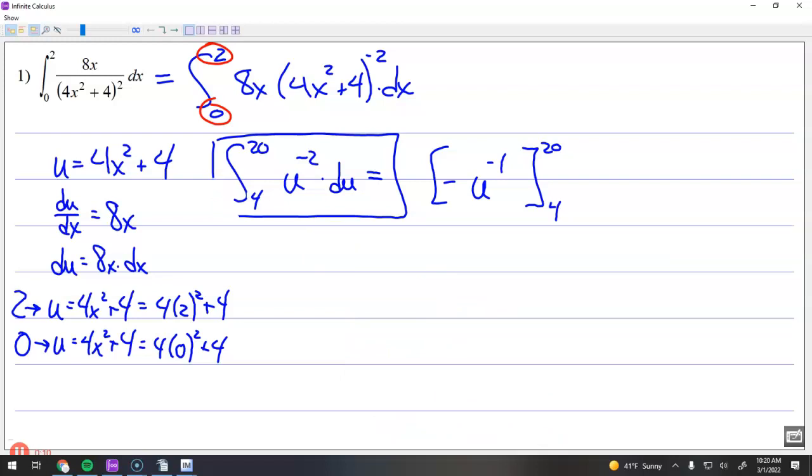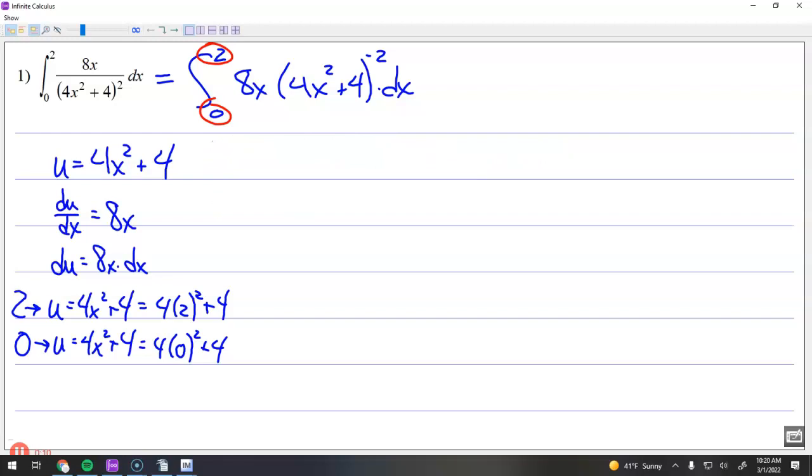So if I go through it a different way, let's say I rewrote this and it was the integral of u to the negative second times du. And I'm just going to not put anything here. Because let's say I decide I'm not going to do the problem in u's. I'm just going to use substitution to figure out the integral. I'm going to put the x's back. And then I can plug in x's.